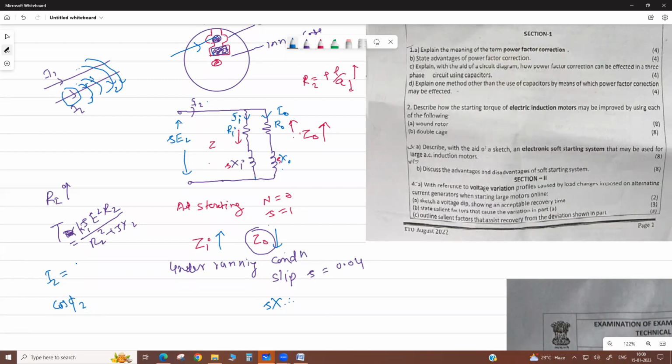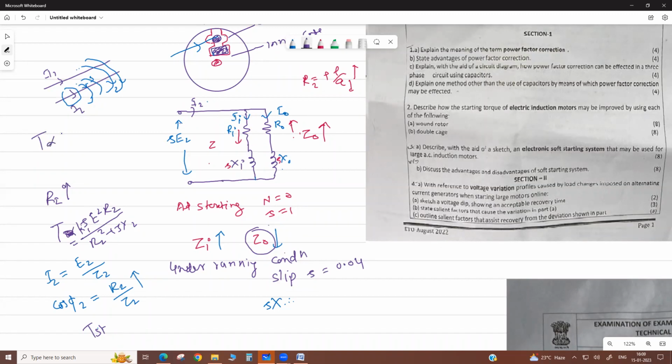So this is your E2 by Z2. If impedance is high, the current is low. So we write a low starting current. Power factor is R2 by Z2. So if resistance is high, power factor is high. High power factor and high starting torque.